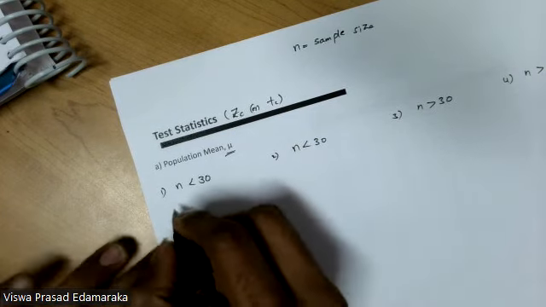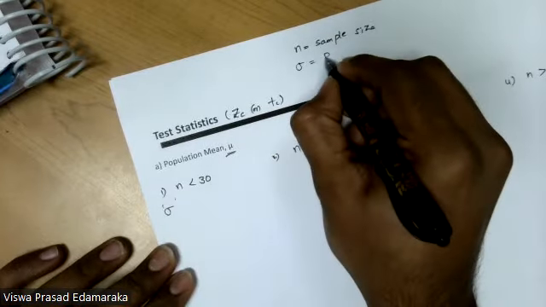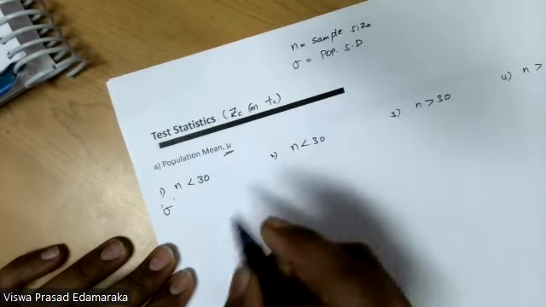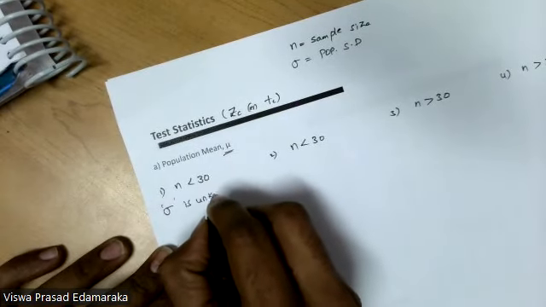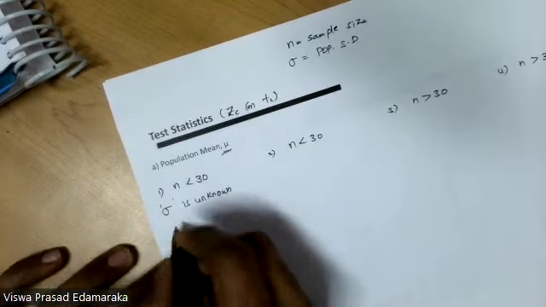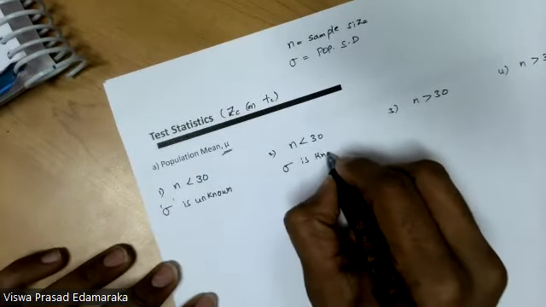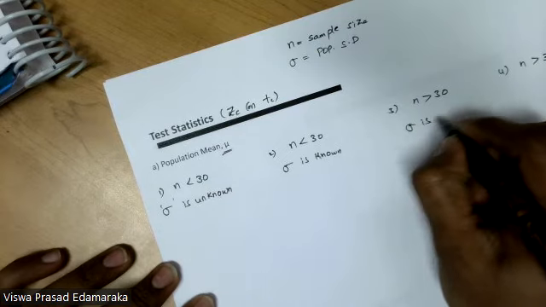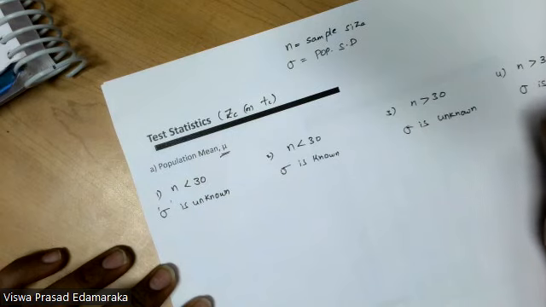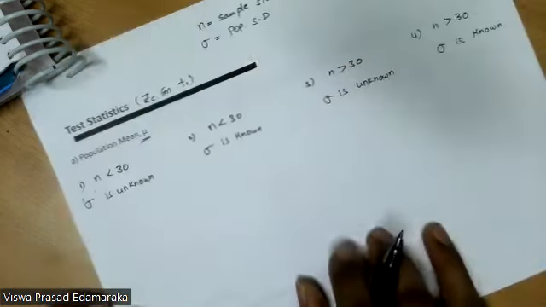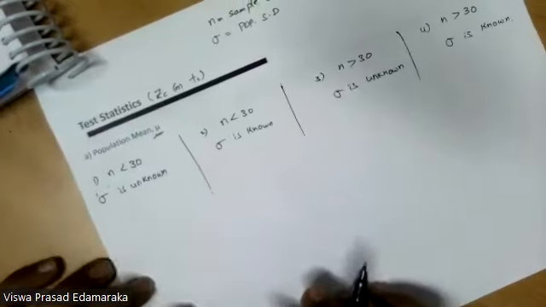Here, sigma means the population standard deviation. Either sigma is unknown or sigma is known. This is the four different criteria.